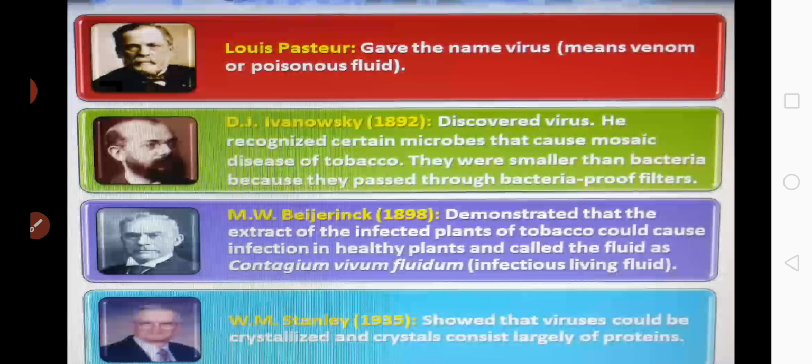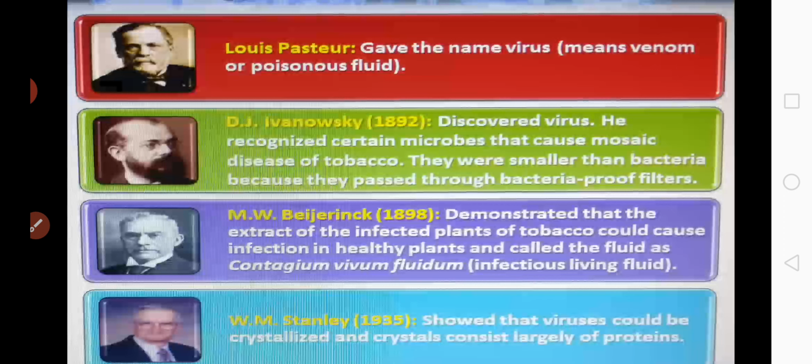So later in the year 1898, M.W. Beijerinck demonstrated that the extract of the infected plants of tobacco could cause infection in healthy plants, and called the fluid as contagium vivum fluidum, means infectious living fluid.